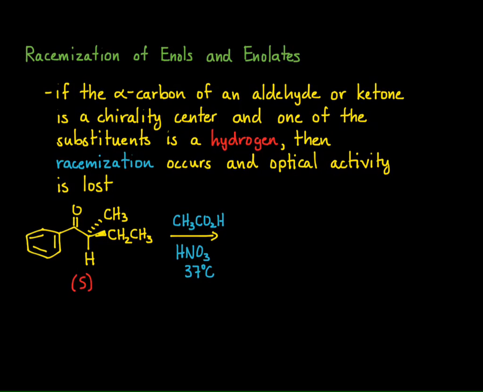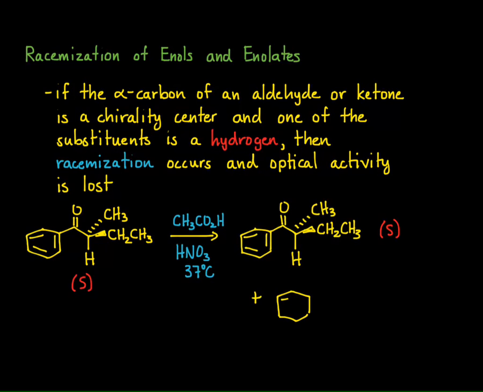What I find is that upon returning, I still have my S stereoisomer of the ketone, but I've also formed my R stereoisomer as well. And these happen to be in a 50-50 mixture, which we call a racemic mixture.